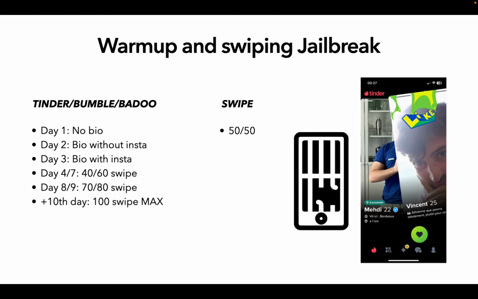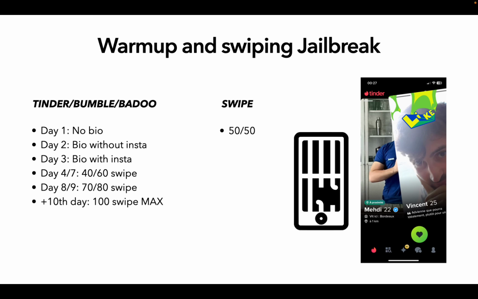Honestly, compared to the account warm-up, this method is ultra fast. On the 3rd day, you put on an Instagram. In other words, after 48 hours, you'll have an Instagram right on your desktop. This will enable you to get traffic. After 48 hours, you get traffic thanks to this method, which is quite fast compared to Tinder and Bumble, which again, I repeat, are applications with lots and lots of volume.